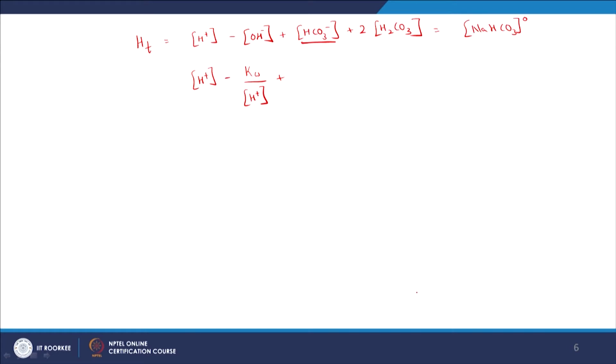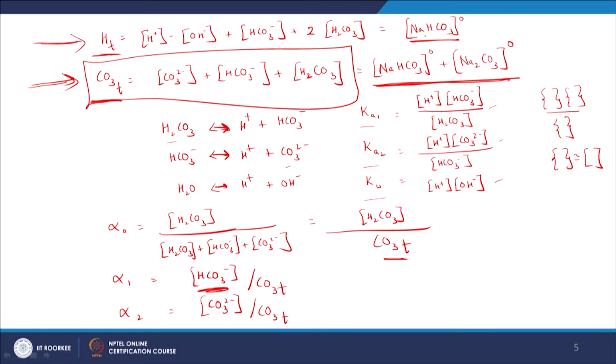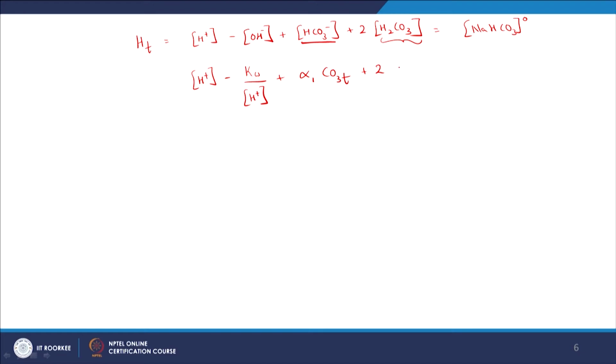So HCO3 minus is going to be equal to alpha 1 into CO3 total, which we looked at in the earlier slide, plus 2 times H2CO3. H2CO3 we can get from this equation, equal to alpha naught into CO3 total, so 2 times alpha naught CO3 total.